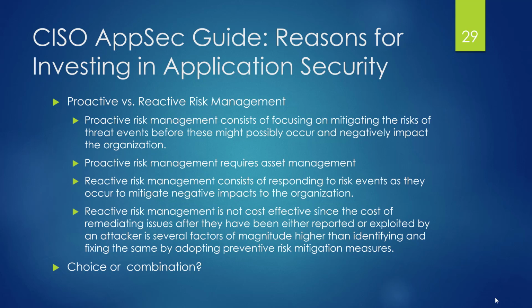The second component of that is the reactive component, and that stuff happens. And when stuff happens, you have to react to it. So if someone clicks on a phishing message, the fact that you have all of these controls in place doesn't matter. You're going to have to react to that very quickly. So typically you want to have a combination of both of these different approaches, and you want to have investment in both areas.